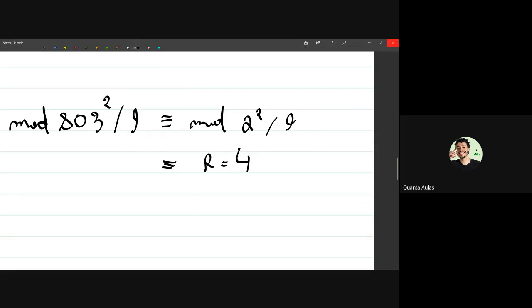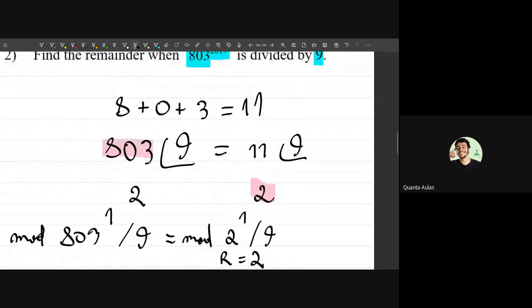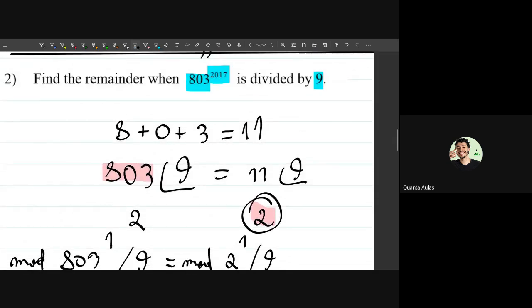So we have the remainder 4 here for 2, so we can work with the mod, the remainder, in the situation I said to you here.